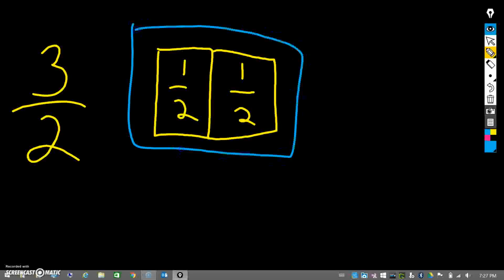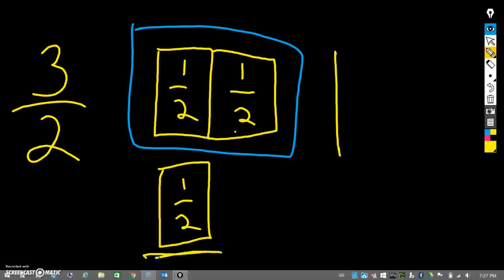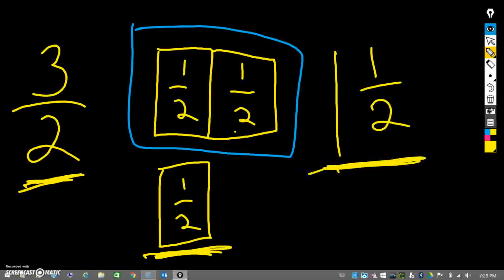So right here we already have one whole. And then we have another half. So that's 1, 2, 3 halves. Right? That's 3 halves. And so the 2 halves together make one whole. And this half that's left over gives us 1 and 1/2. We moved from an improper fraction to a mixed fraction.